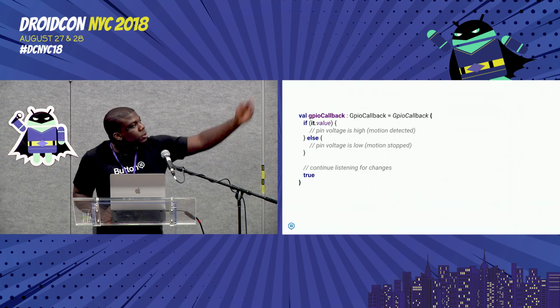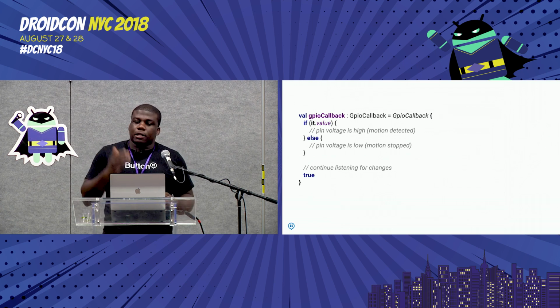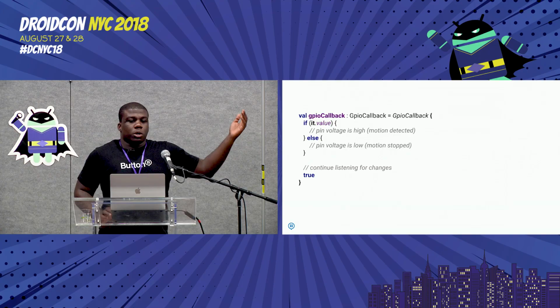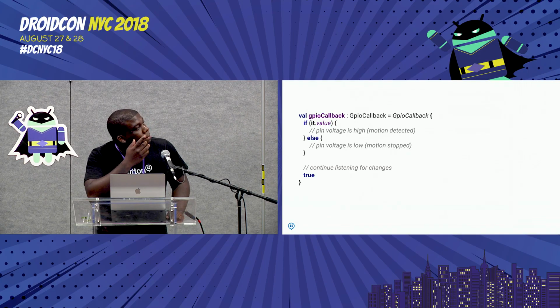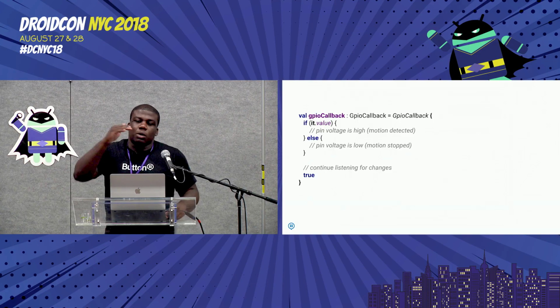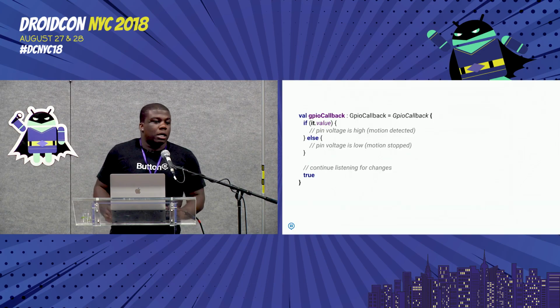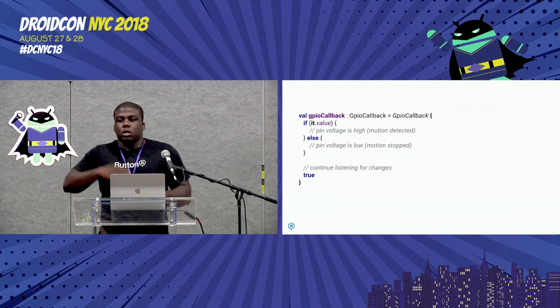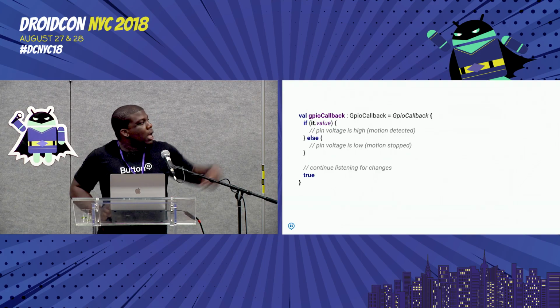All I'm basically doing is checking the value, which returns a Boolean. I'm just checking if it's true. That means it's in its active state, and in this case, because we're working with a motion sensor, that means motion was detected. And when it goes back to the low state, that means it didn't find any motion at all after a polling rate.